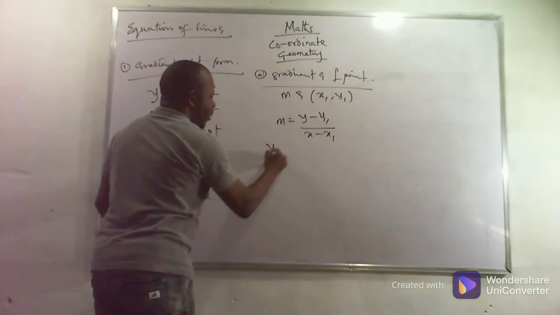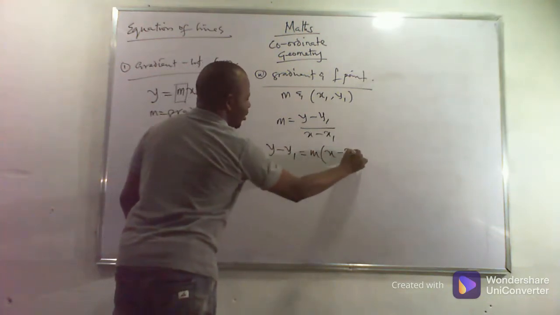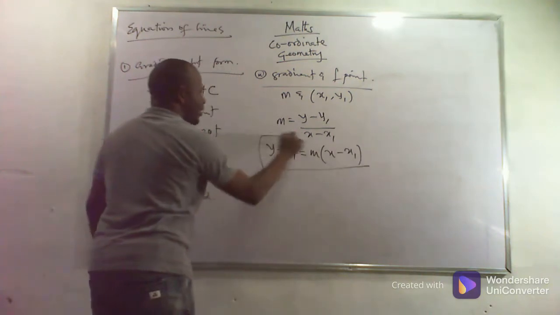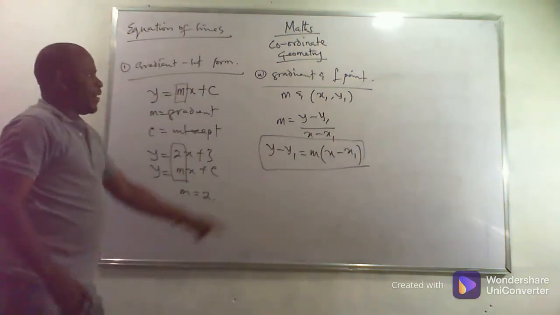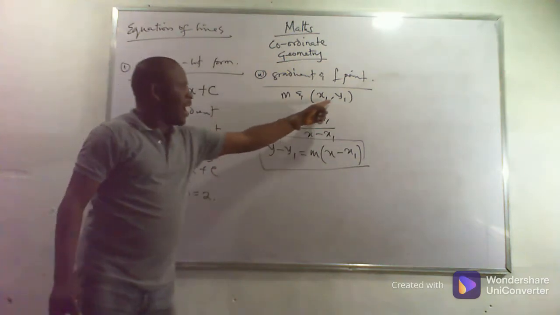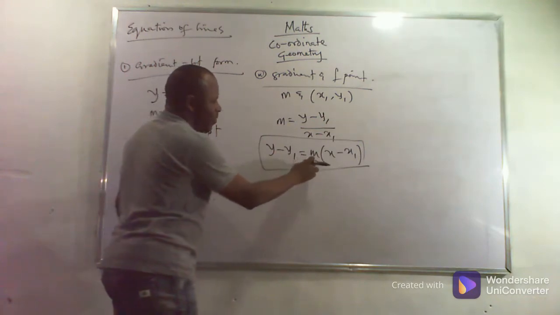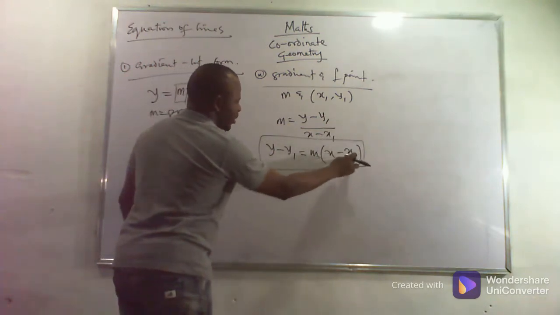Meaning you can say y minus y1 is m bracket x minus x1. This is the formula for the equation of the line given the gradient and 1 point. So you have y minus y1 equals m into a bracket x minus x1.